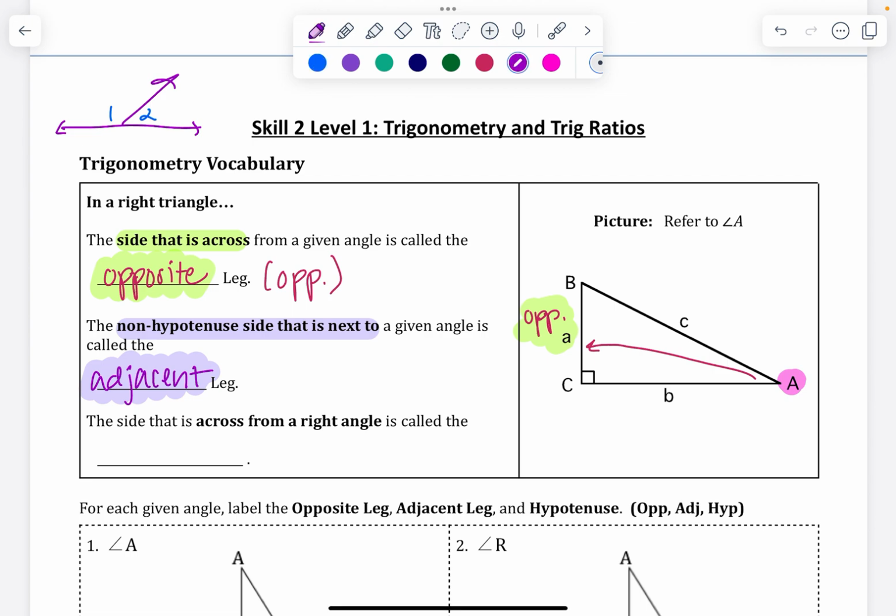So here's angle A. The side that is right next to angle A is side B. So this is the adjacent leg, and I like to abbreviate adjacent with ADJ.